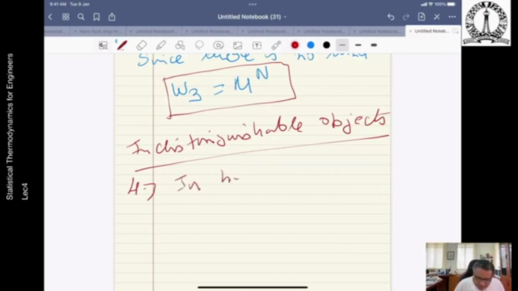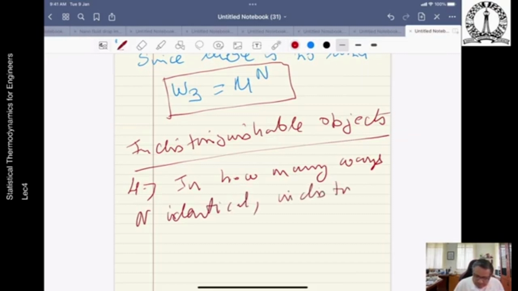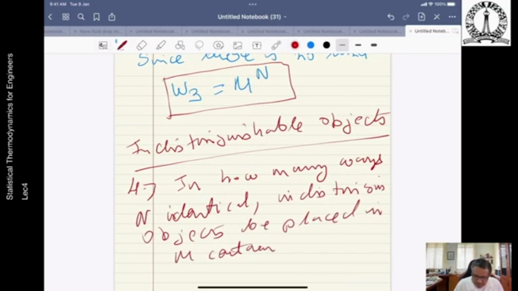In how many ways can n identical, now indistinguishable, objects be placed in m containers with one object per container. So this is an imposition that I have.